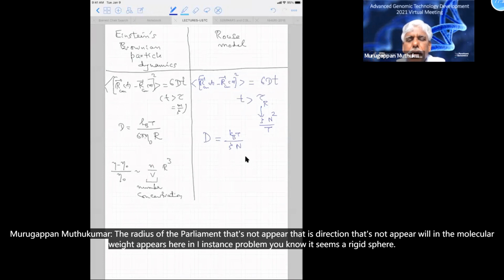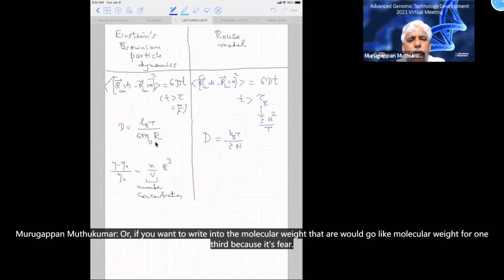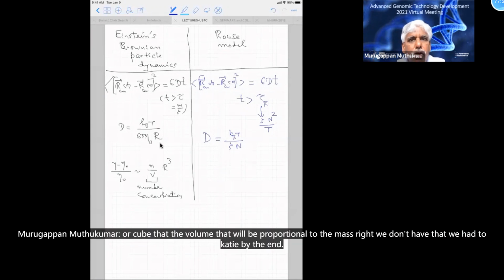Radius of gyration does not appear. Only the molecular weight appears here. In Einstein's problem, since it's a rigid sphere, if you want to write it in terms of molecular weight, R would go like molecular weight to the power 1/3, because for a rigid sphere, R cubed, that's the volume, is proportional to the mass. We don't have that. We had kT by zeta N.